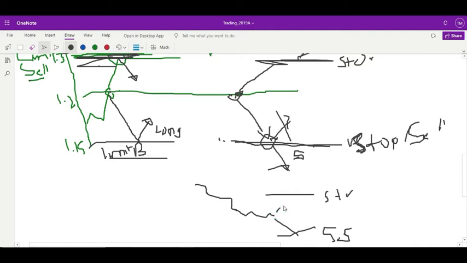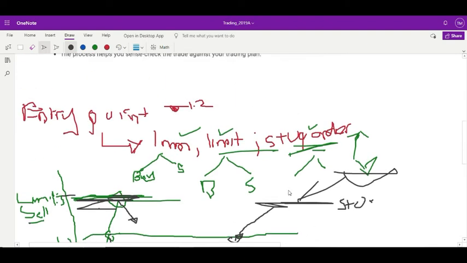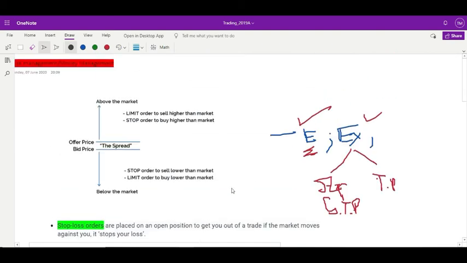But if it goes in this direction and hits the stop buy, I'm going long, maybe taking my profit here. If it goes down, I'm taking my profit at a lower price, right? So it's very important to understand this. I hope everyone understood this. These limit and stop orders, because most people get confused.